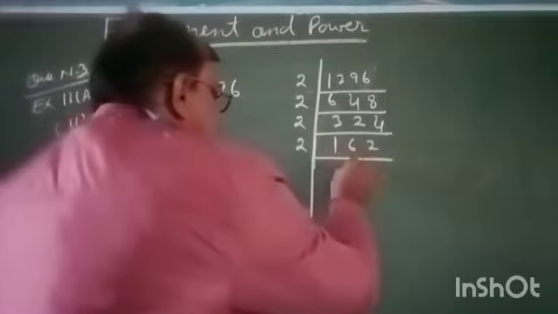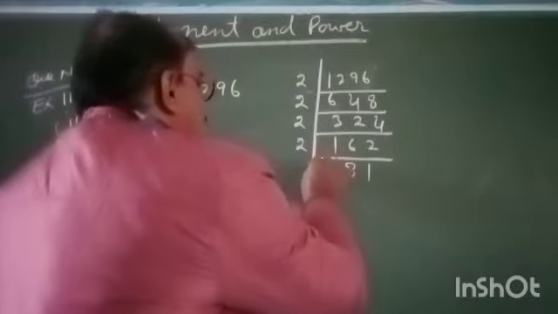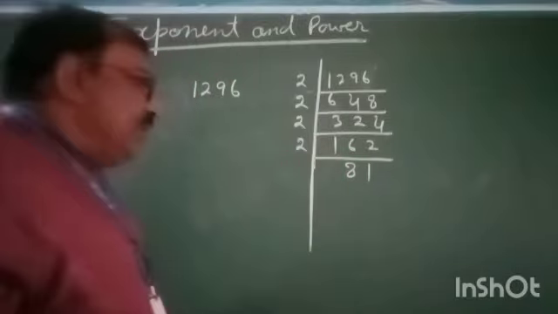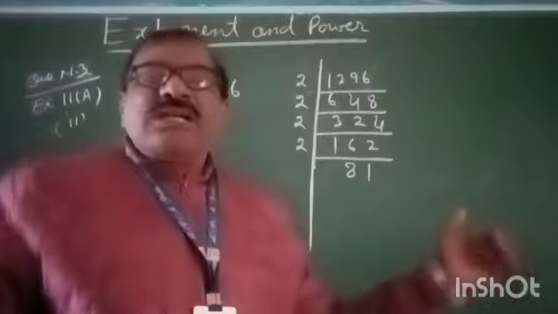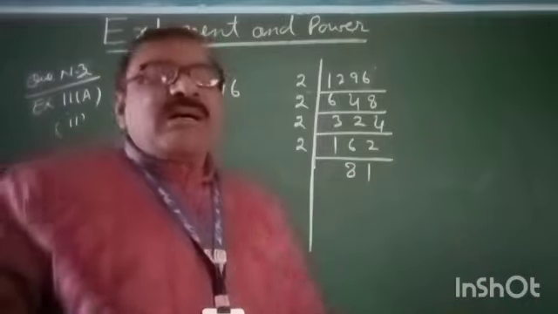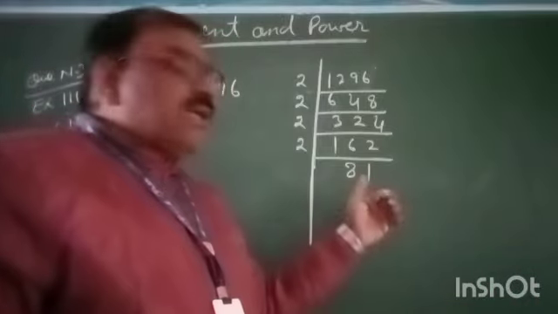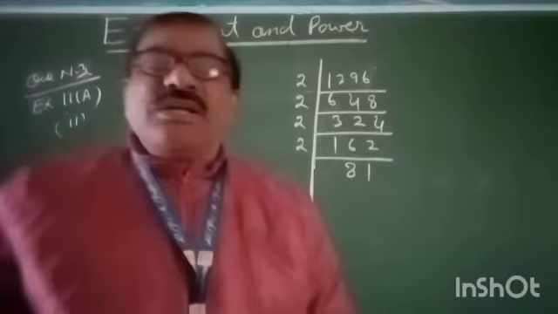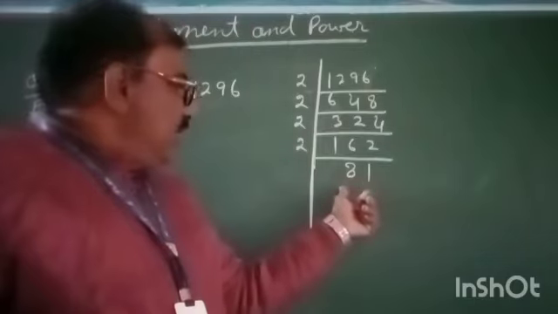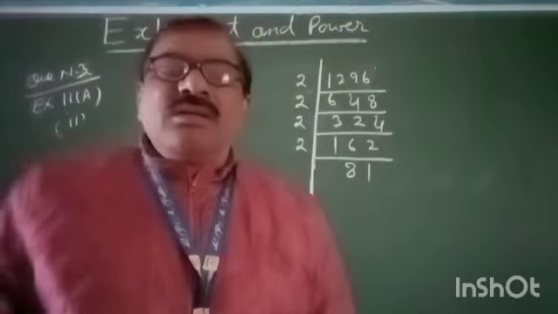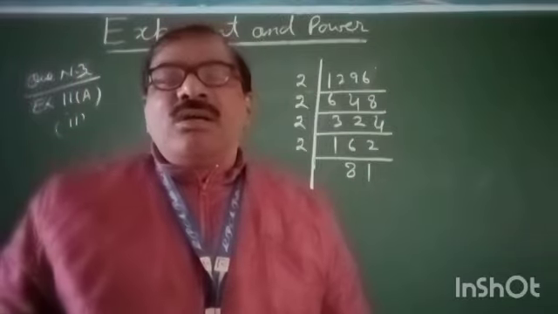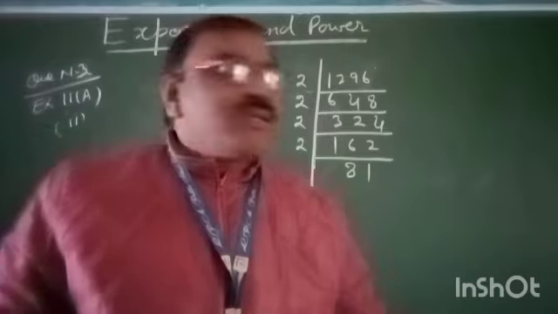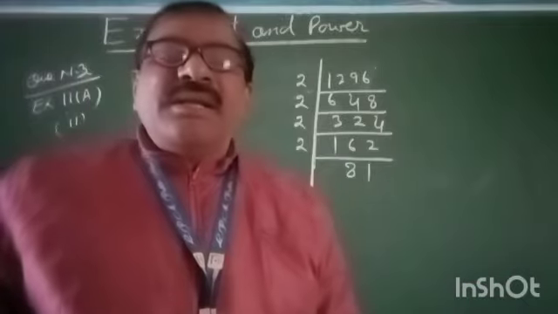So 2 8s are 16 and 2 1s are 2. Now 81 is given. As you know, if the sum of the digits of any number is divisible by 3, then the number is divisible by 3. So here 8 plus 1 equals 9, and 9 is divisible by 3, so 81 is divisible by 3.